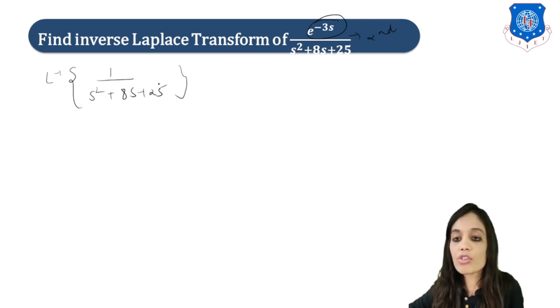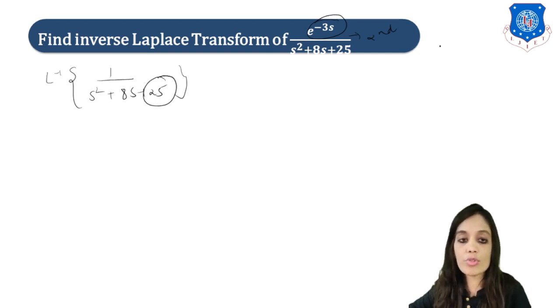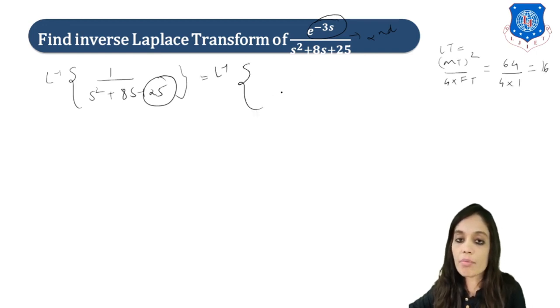So again here also we need to find our last term using our formula what? Middle term square upon 4 into first term. So here our middle term is 8. 8 square will be 64 upon 4 into 1. So answer will be what? 16. So let us write that Laplace inverse of 1 upon s square plus 8s plus 16.